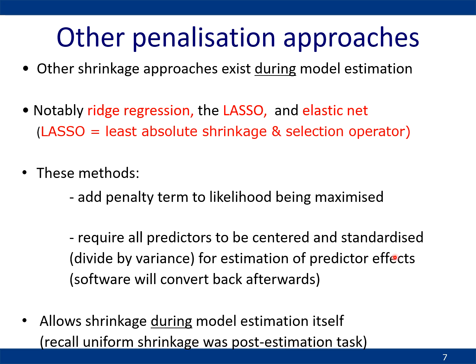So there's a standardization of the predictors behind the scenes during the estimation, and then they come back transformed afterwards. The key thing is that these penalty terms allow for shrinkage during the model estimation itself, whereas a uniform shrinkage was a post-estimation task.